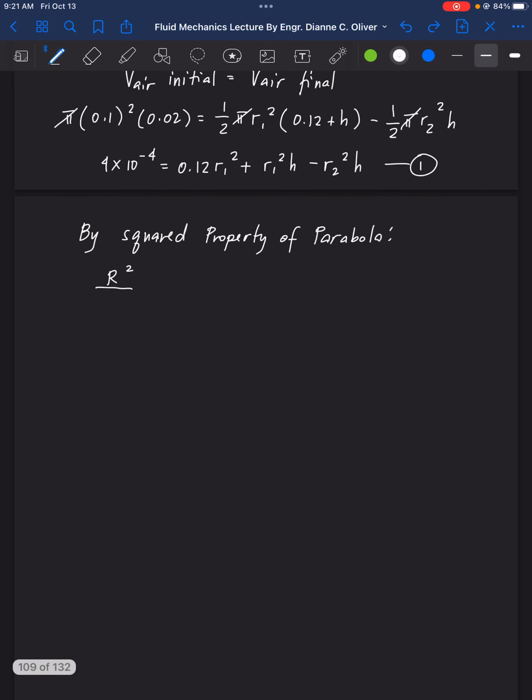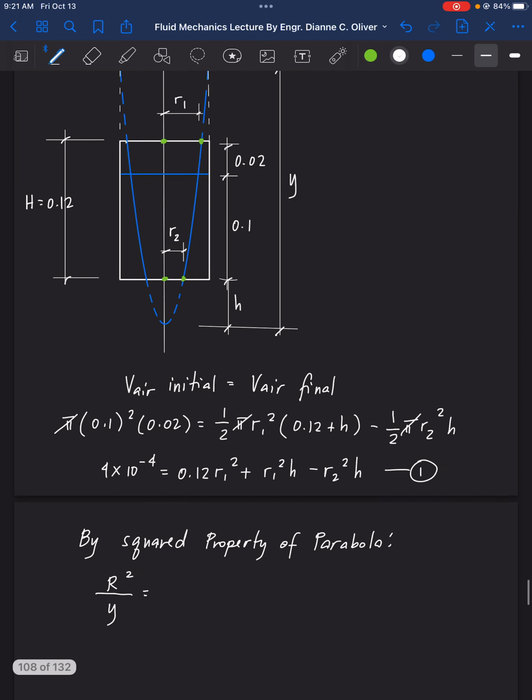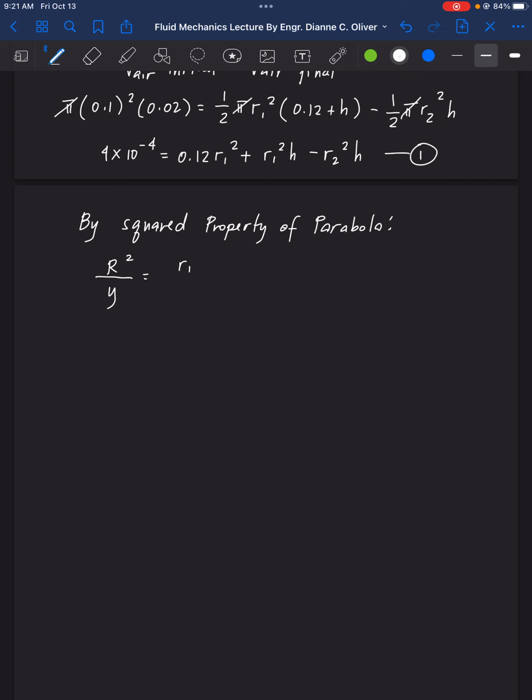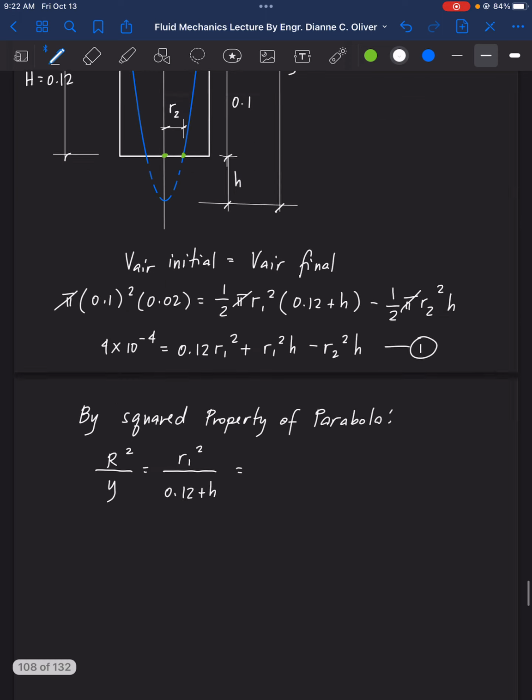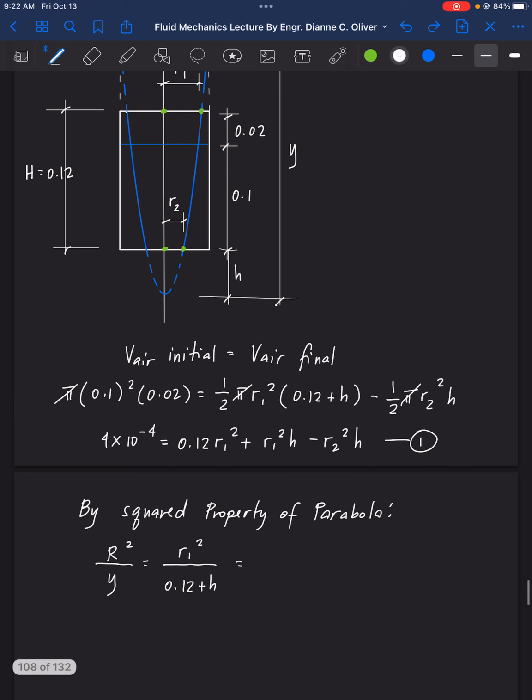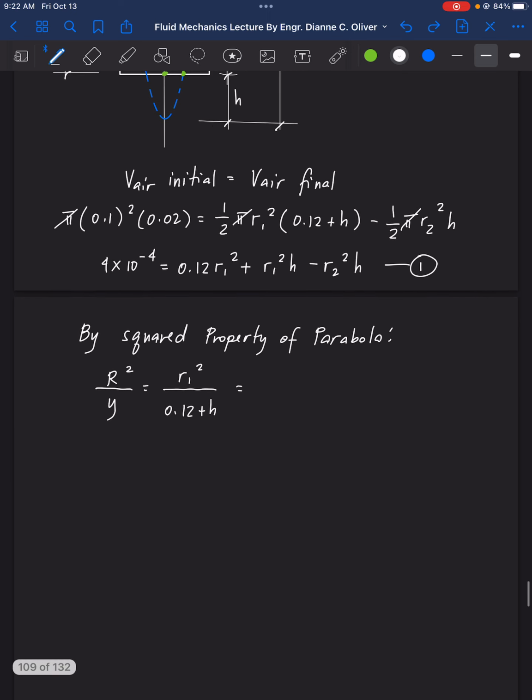So r1 squared over y equals the much smaller one here, r1 squared all over 0.12 plus h, which equals the smaller paraboloid at the bottom of the tank, r2 squared all over h.